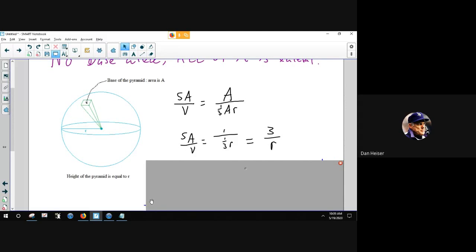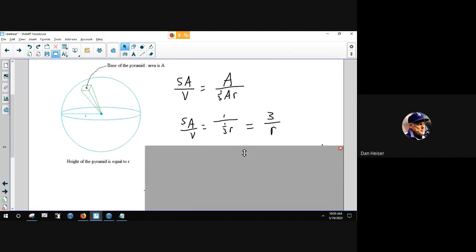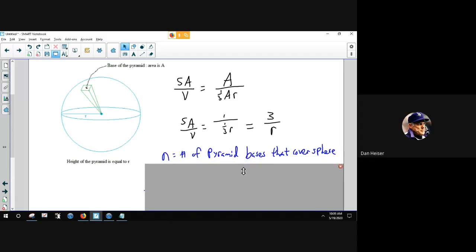Now, I'm going to say, let's have N of these pyramids. So let's cover the entire outside of the sphere with this little shape. The smaller we make this shape, the less curved these sides are.